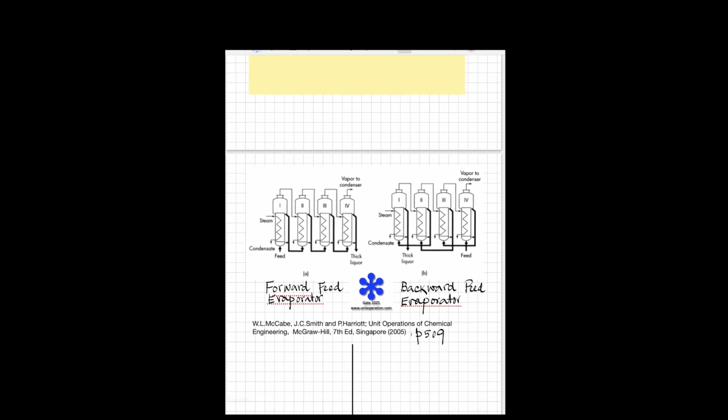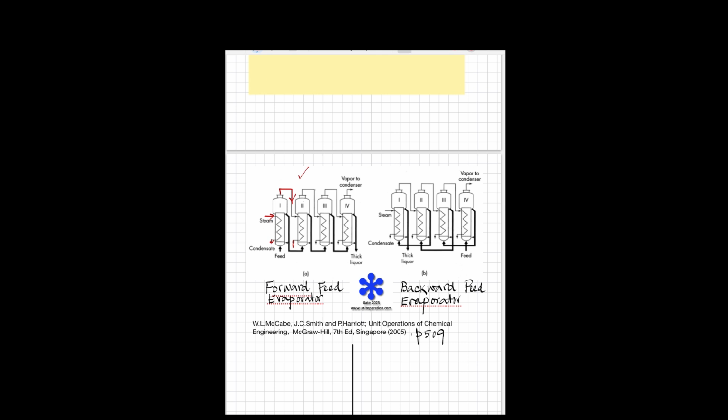So, this is a forward feed evaporator. What happens? The steam enters the first effect, enters the steam chest, and the condensate comes out. The vapor from evaporation of water from the first effect goes like this, and enters a steam chest of the second evaporator, and the condensate comes out.